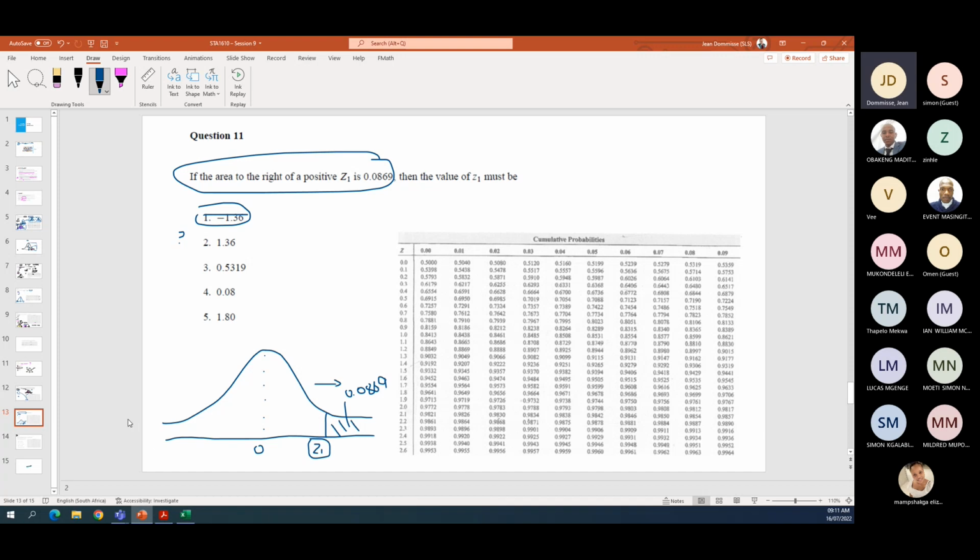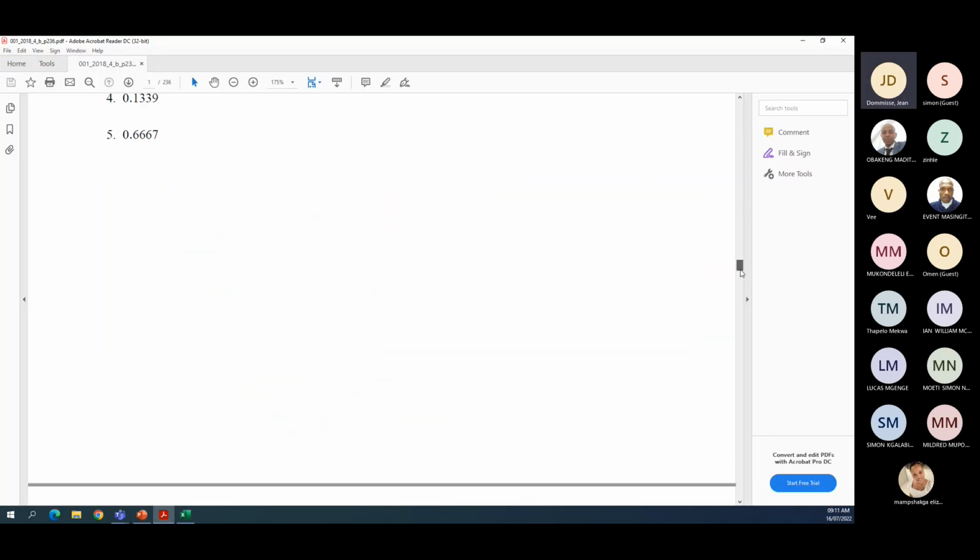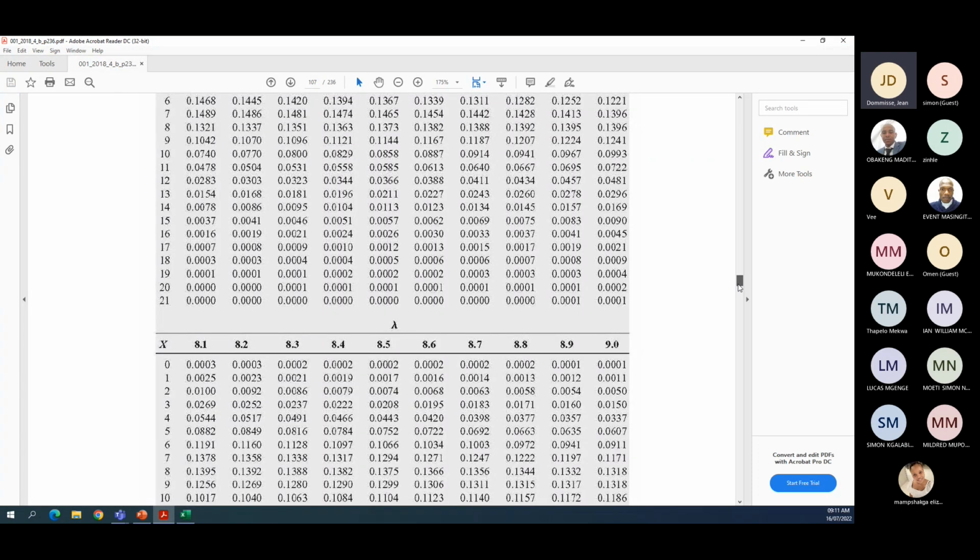What we could do is go to the table where we can see this value. Normally we need to go to the negative table. So let me quickly do that for you.